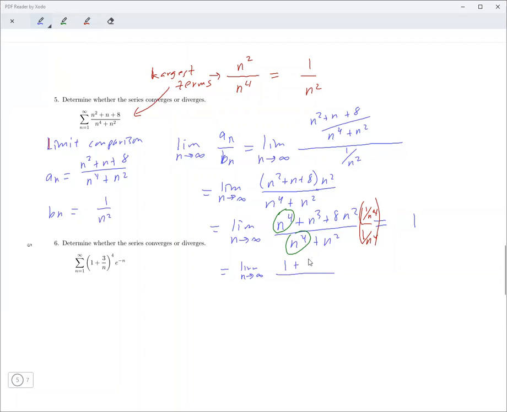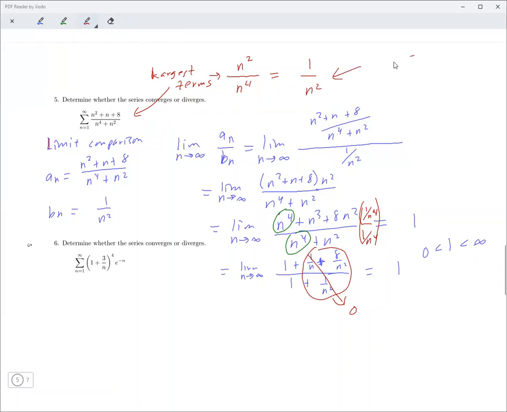This would be 1 plus 1 over n plus 8 over n squared, and the denominator would be 1 plus 1 over n squared. And that's just going to be 1, because every single one of those other terms goes to 0. You don't have to get 1; any number between 0 and infinity works.